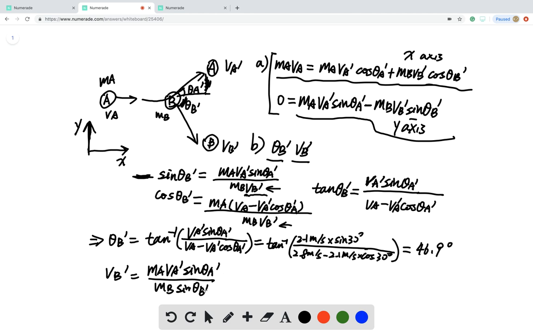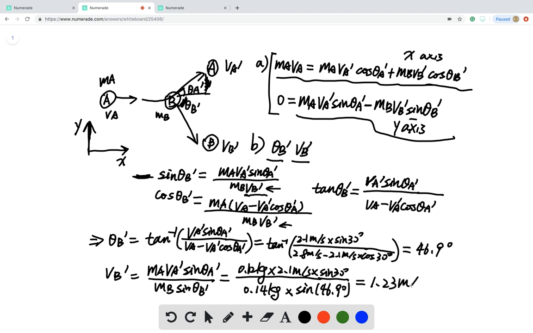Great, and again, just plugging everything in, we have MA equals 0.12 kilogram times 2.1 meters per second times sine 30 degrees, and we have mass of B is 0.14 kilogram times sine 46.9 degrees. That gives us 1.23 meters per second, and that's VB prime.